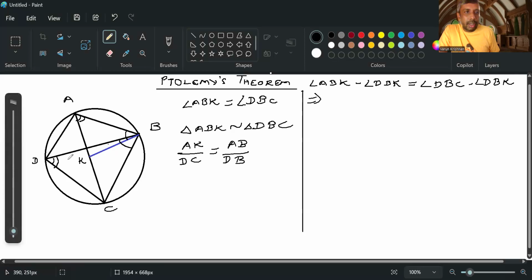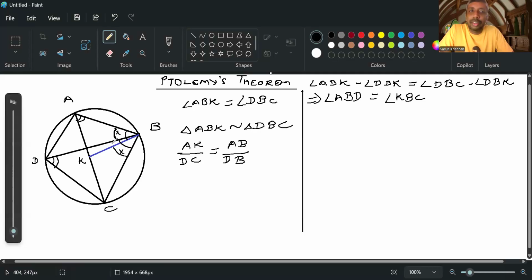Angle ABK minus angle DBK is equal to angle ABD, and angle DBC minus angle DBK is equal to angle KBC. So angle ABD will be equal to angle KBC, because I'm subtracting the same angle, DBK, from two equal angles.